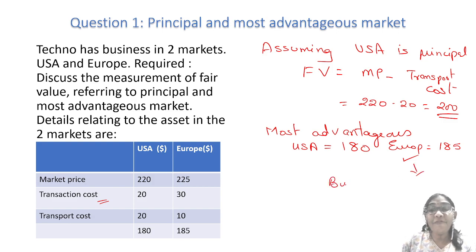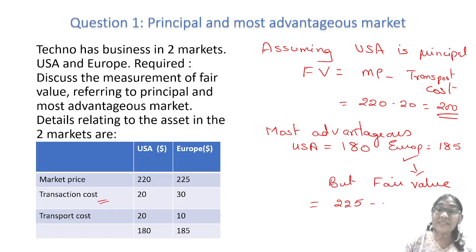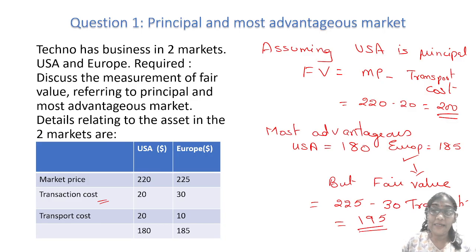But the fair value is not 185. The fair value here would be 225, market price, minus the transport cost, which will give you 195 as your fair value.